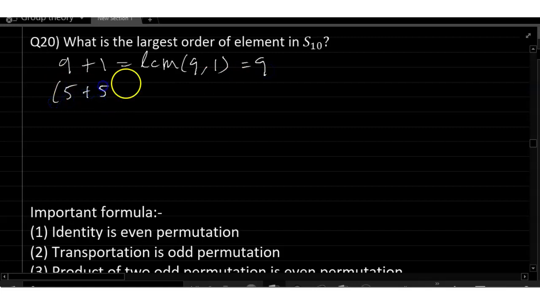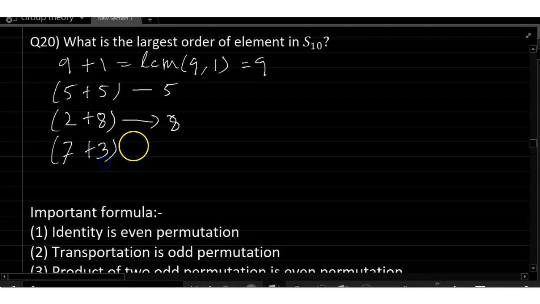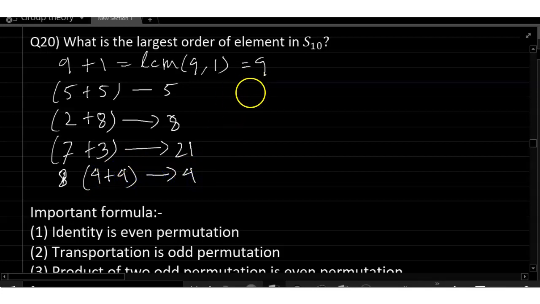Similarly 5 plus 5, LCM 5; 2 plus 8, LCM 8; 7 plus 3, 21; and 8 plus 2 I have already counted. 4 plus 4 tends to 4, 6 plus 12... So largest order of an element is 21.